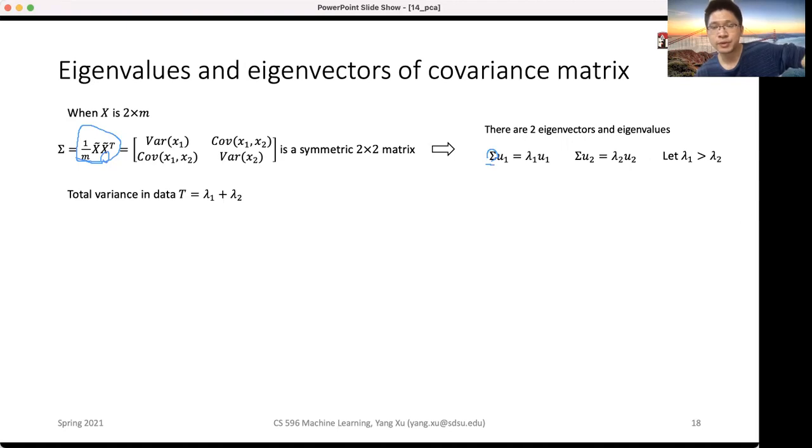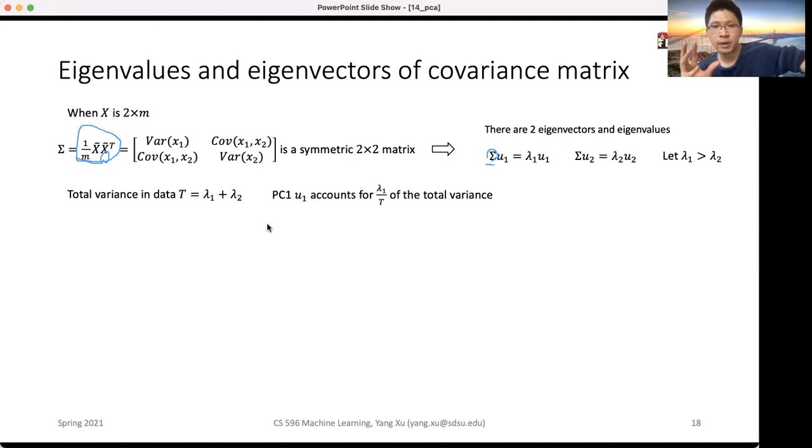Assume that we have a larger eigenvalue, lambda 1, and lambda 2 is the smaller eigenvalue. Then the total variance in the data is simply the summation of lambda 1 plus lambda 2.